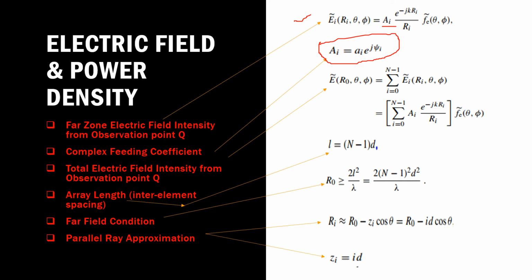Note that ri and ai may be different from element to element in the array, but phi e is the same for all of them because they are all identical and hence exhibit identical directional patterns. Now we are taking the integration of all the energies or the electric fields of every element.